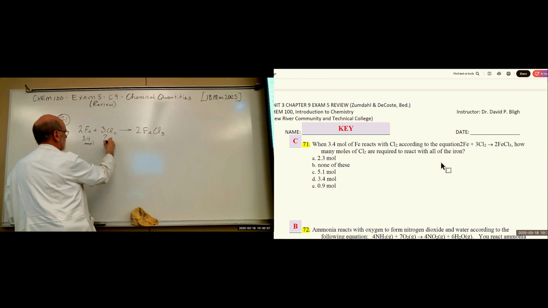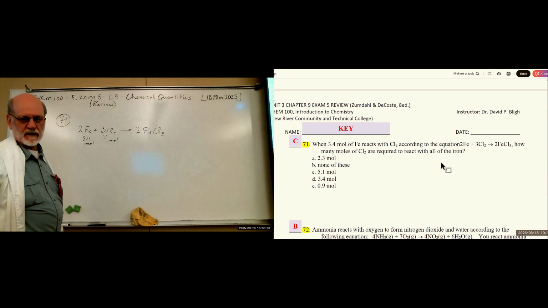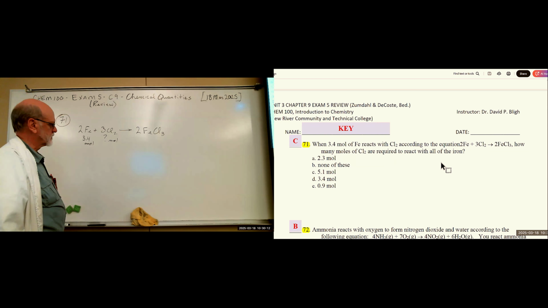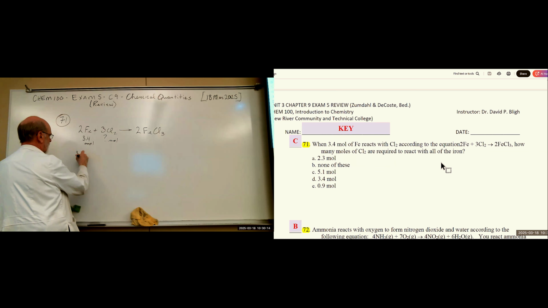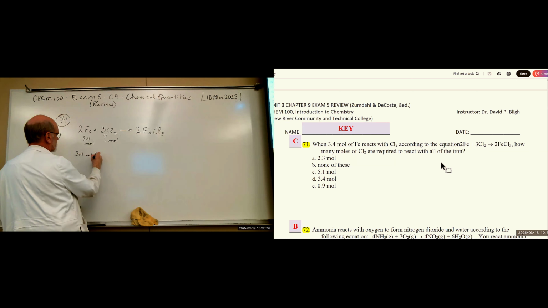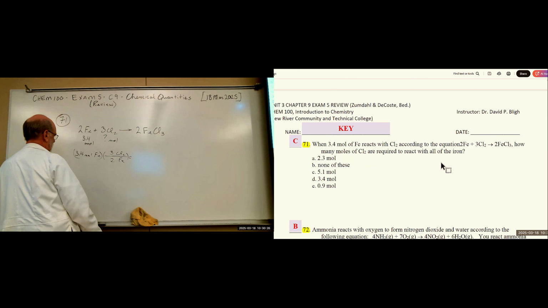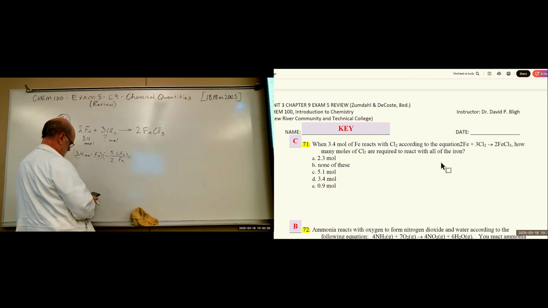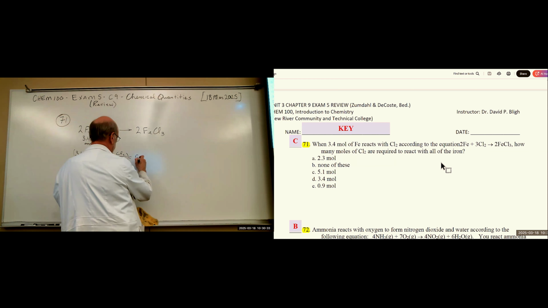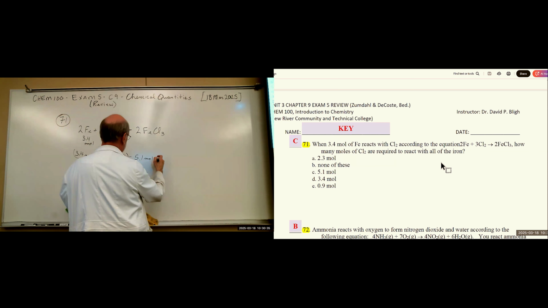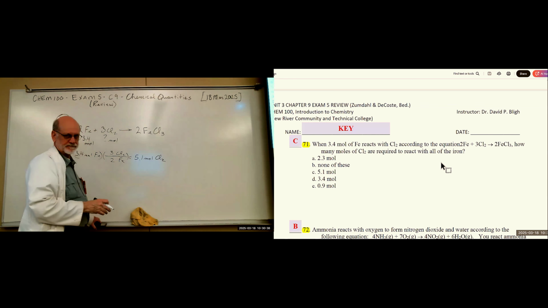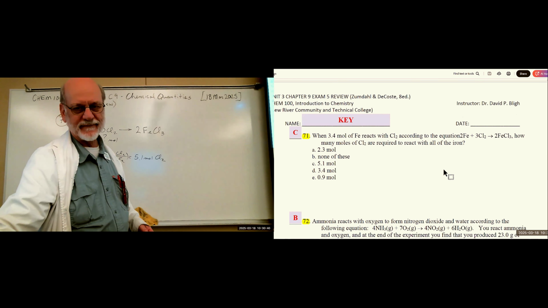And the question is, how many moles of that? So this should be fairly simple, straightforward. That's iron. We want to convert iron to chlorine. This is 2 and that's 3. So let's see. 5.1 moles of chlorine. Right?